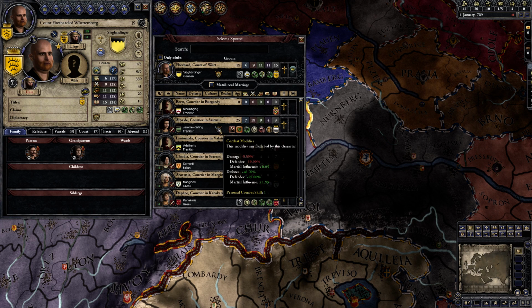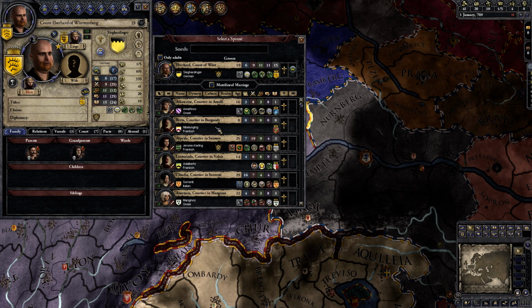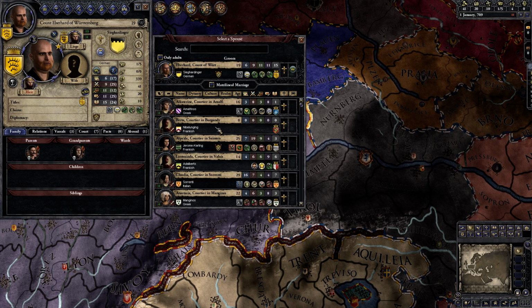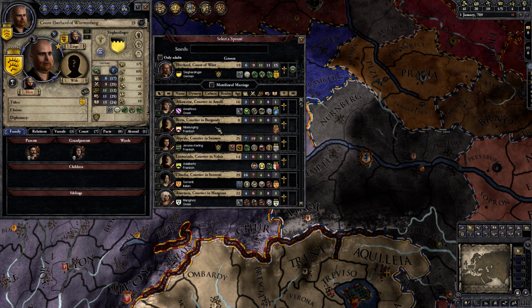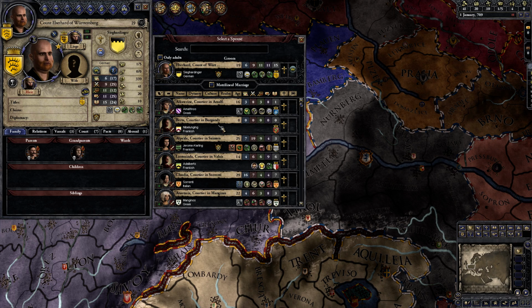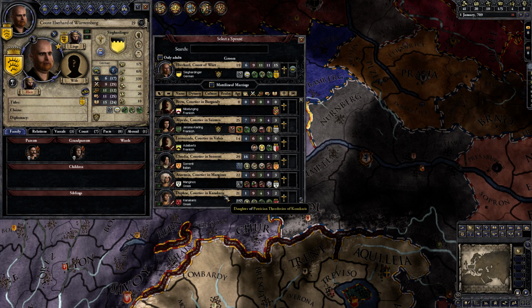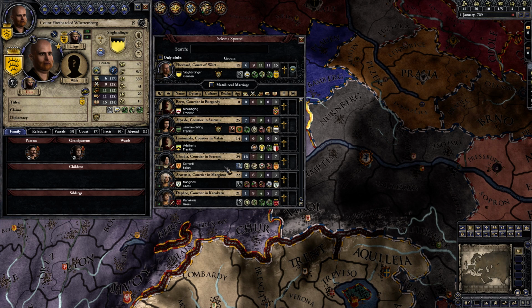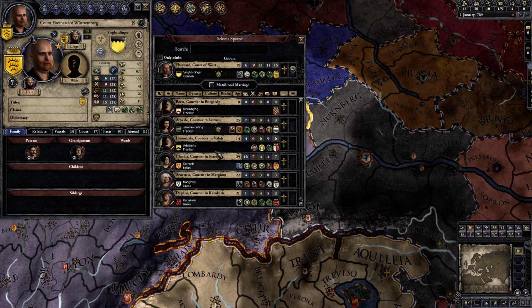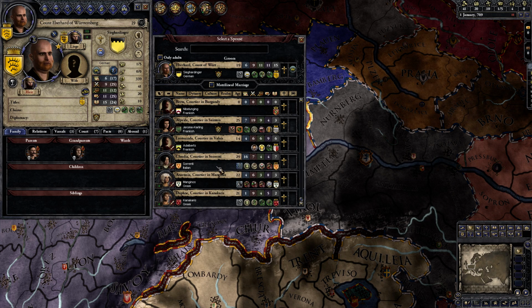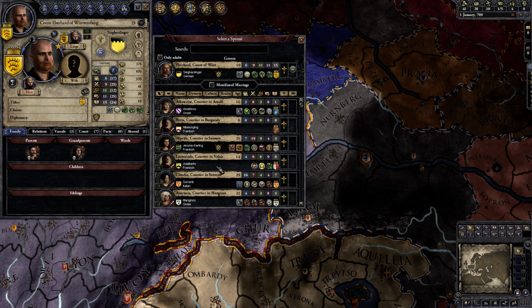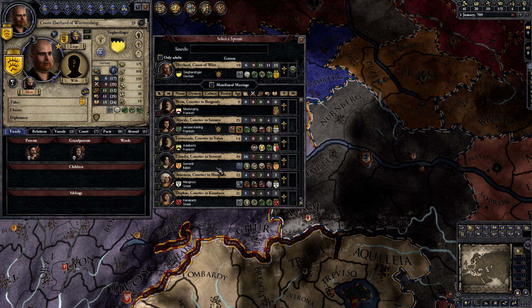But we are not going to do that, because then we would be without a wife for 16 years, and in 16 years a lot can happen. So what we want is a wife that has stats that increase her likelihood of giving us a child. And I don't like the choices I have in this.